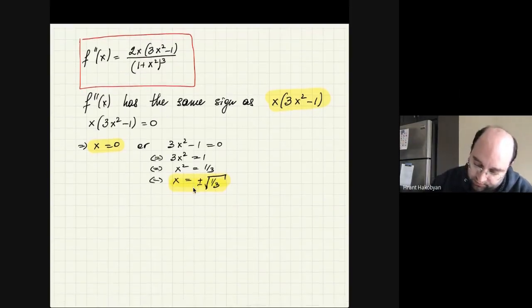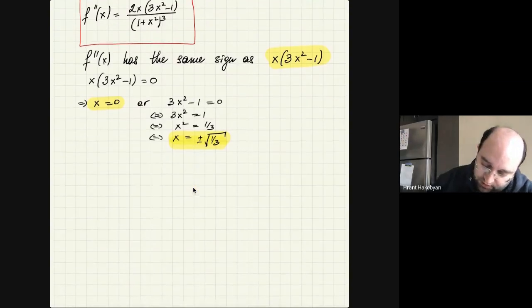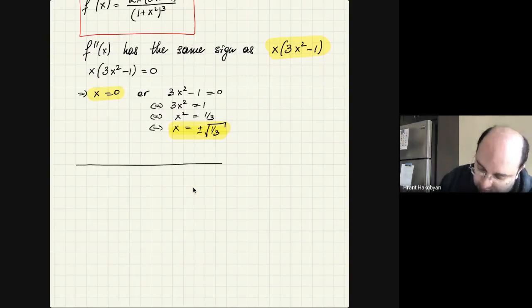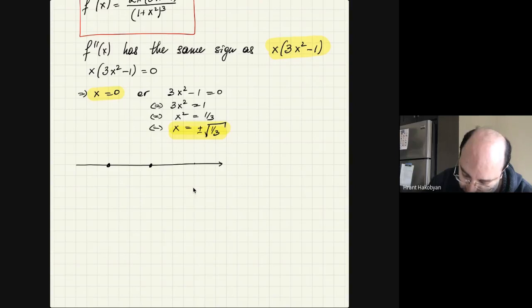So if I do the number line now, I'm going to get three numbers: 0, 1 over root 3, and negative 1 over root 3.